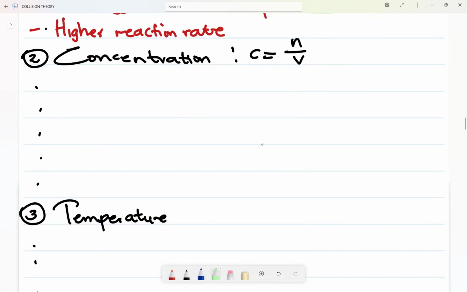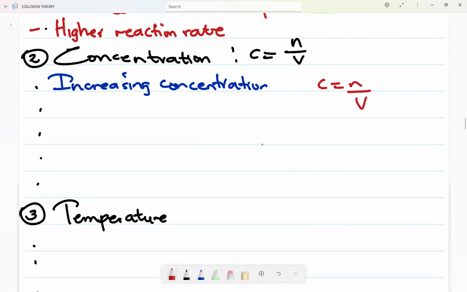Now, for concentration, let's say a higher concentration is added. At higher concentration, increased concentration. If you're increasing the concentration, then what will happen? Remember, every time you think of concentration, you should think of this formula. If you increase the concentration, remember I said per unit volume, the volume will be constant.